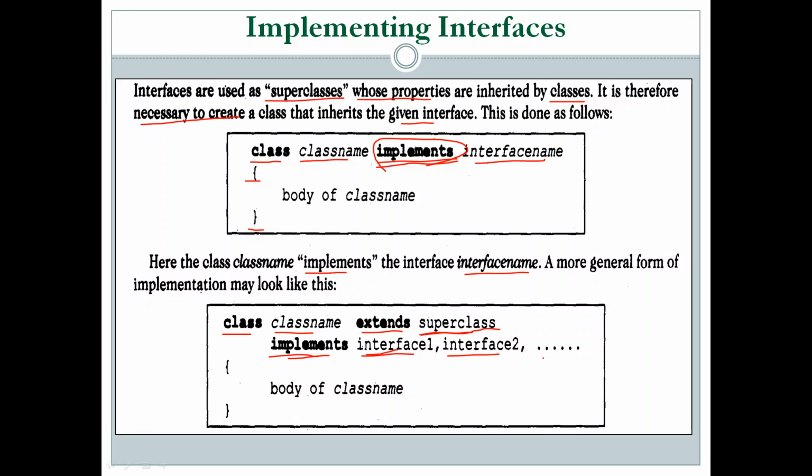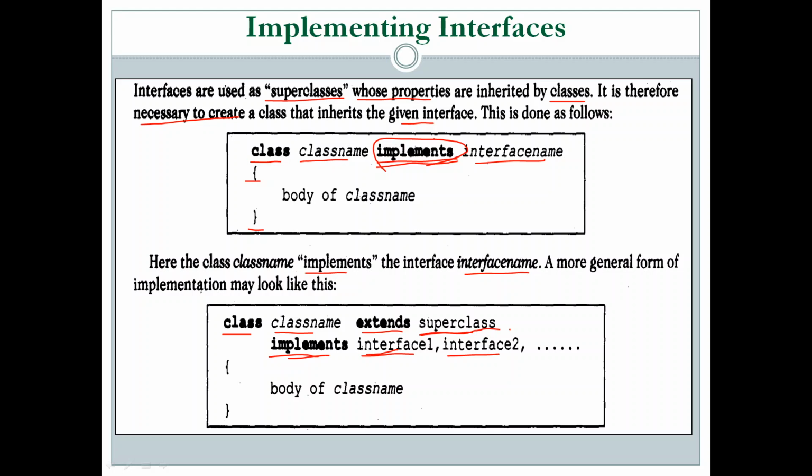As we have studied in the last session, we can inherit from multiple interfaces. In Java we cannot inherit from multiple classes. I cannot say here class name extends superclass 1, superclass 2, superclass 3, because inheriting from multiple classes is not allowed in Java.